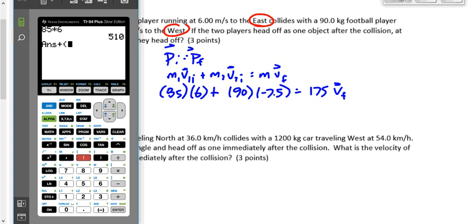I'm going to add to that, brackets, 90 times negative 7.5, bracket, negative 165, and then let's divide that by 175. Gives me a value of negative 0.943.